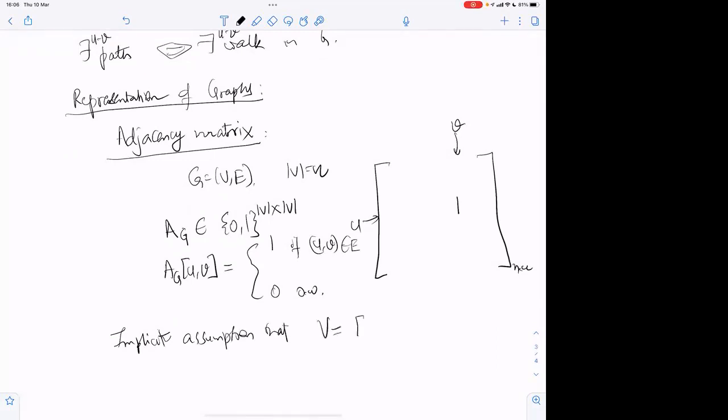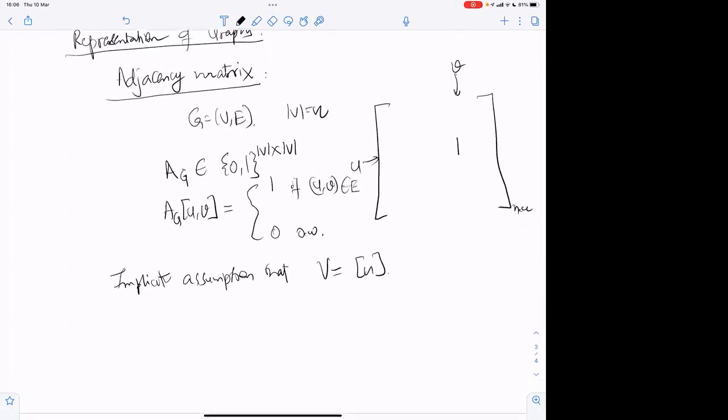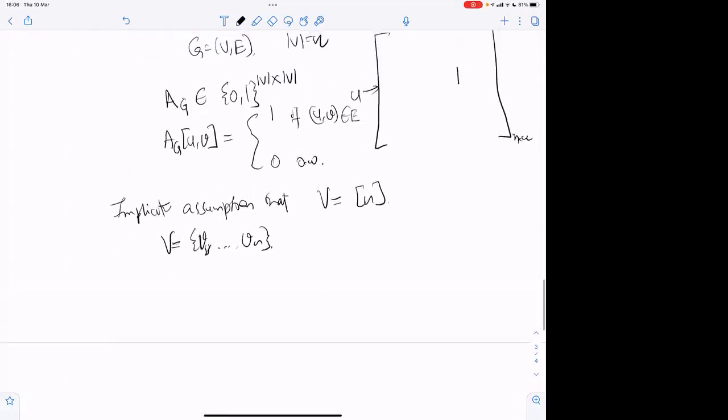That |V| is equal to n. If you want to be more formal, you can write V as v1, v2, ..., vn. And now you write A_G of (i, j) is equal to 1 if (vi, vj) belongs to E and 0 otherwise.